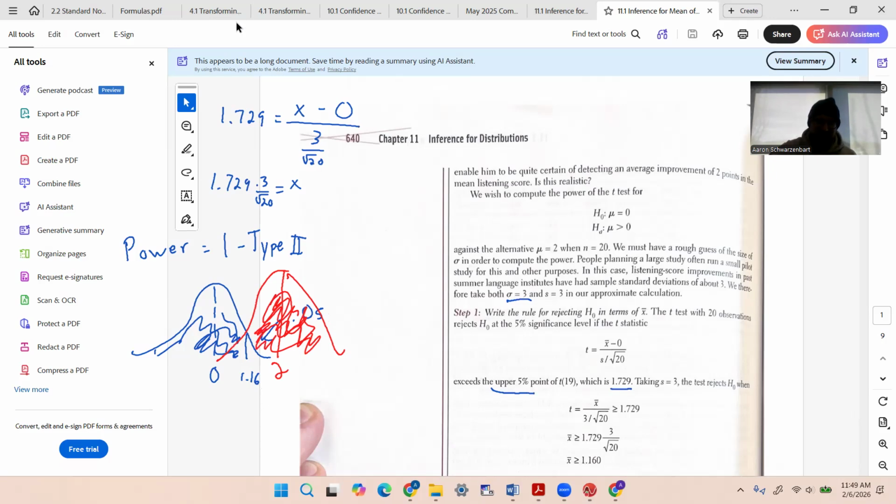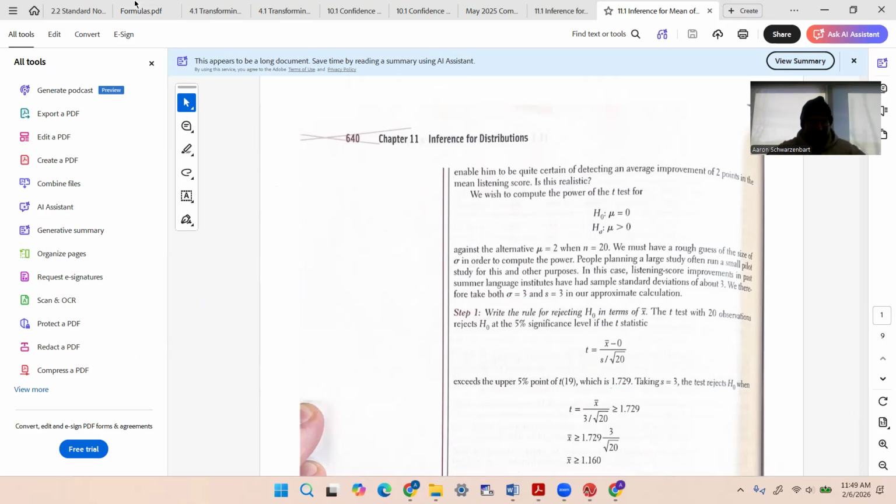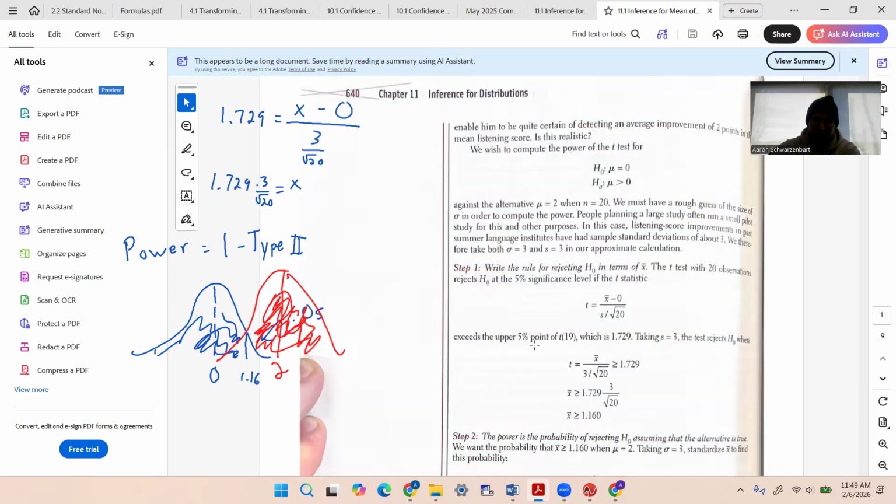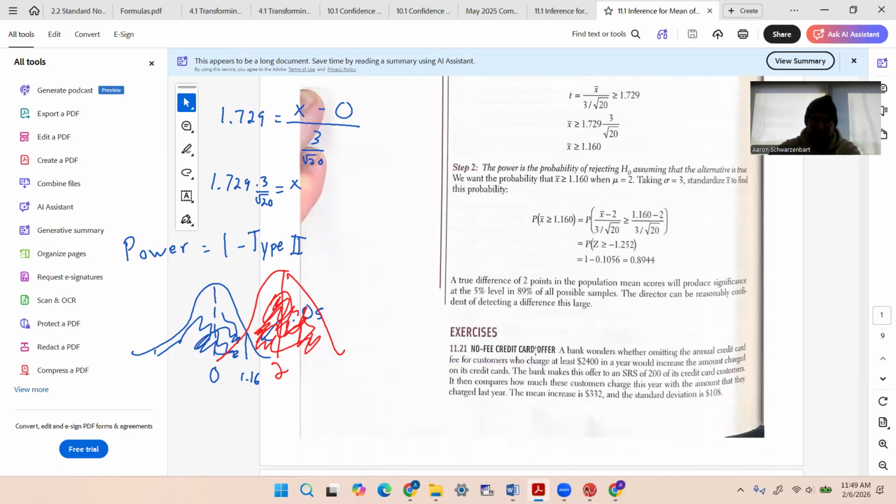With a T, I don't think you actually have to do T on your IB exam. They usually do it with binomial, which I'll show you at a later date. I think binomial is the most likely. It's a little bit easier, but it's important to understand these because of understanding that process.